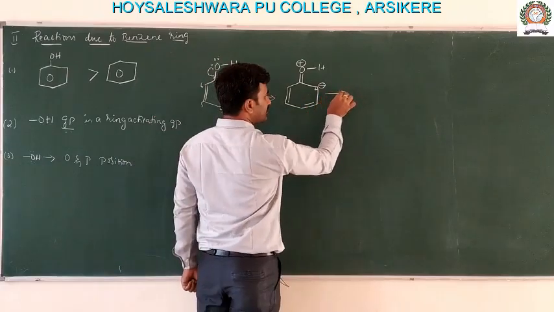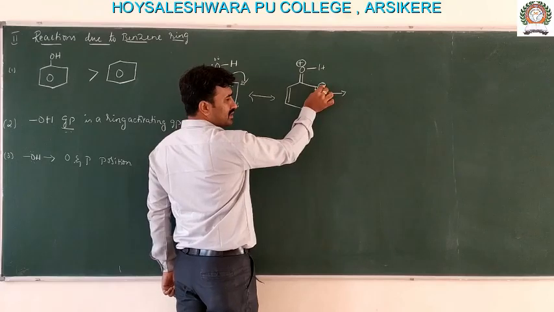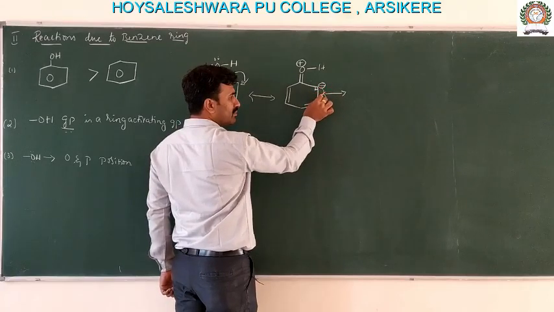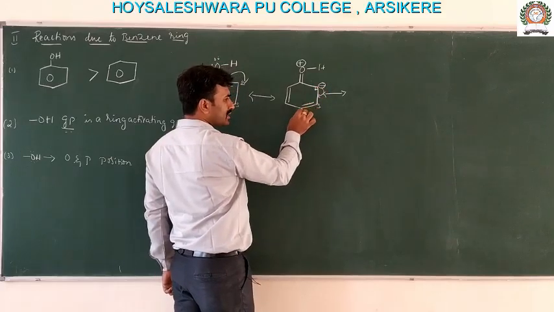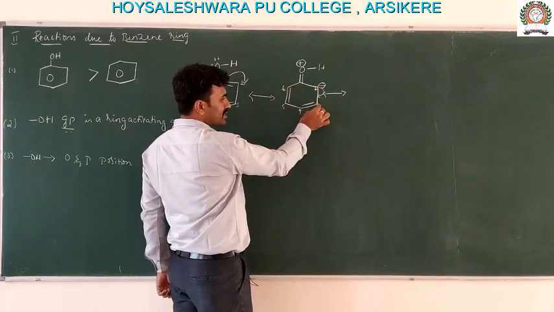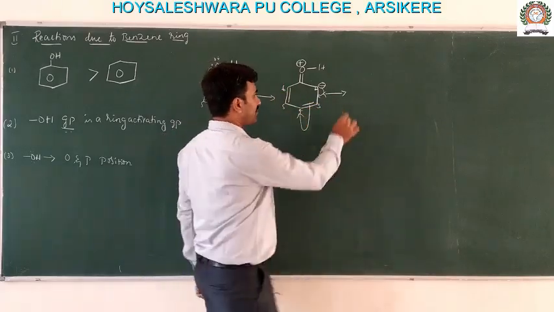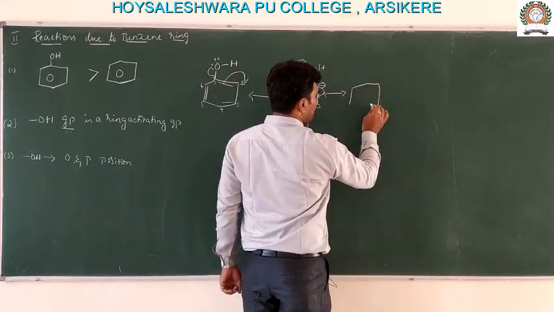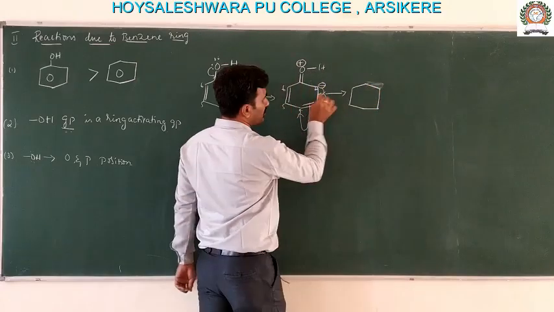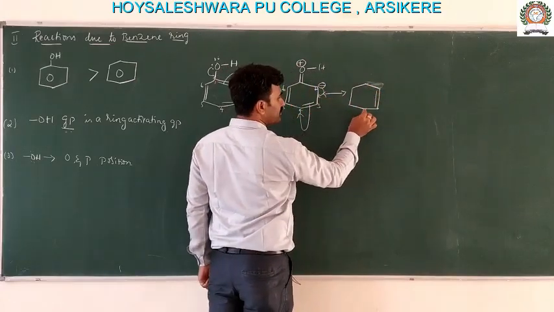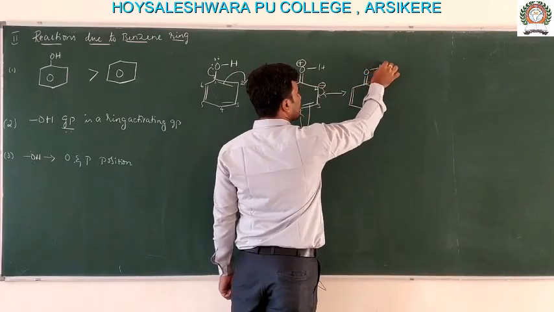When the pair of electrons present on carbon number 2 moves to the 2 and 3 atoms, the pi bond present between third and fourth moves on to the fourth carbon atom, giving a resonance structure of this type. See, here the negative charge comes, and the same remaining things as such.